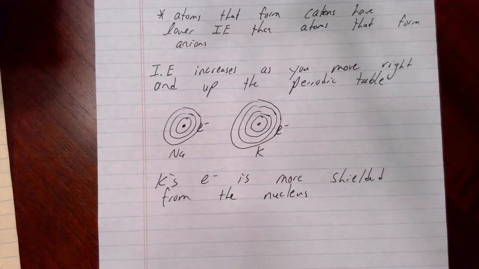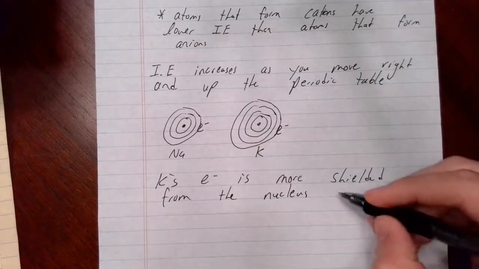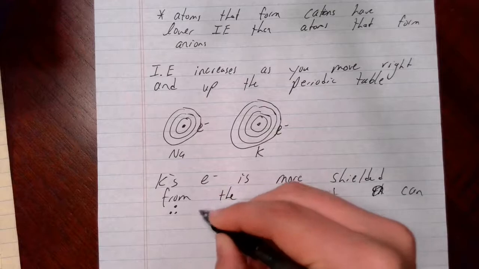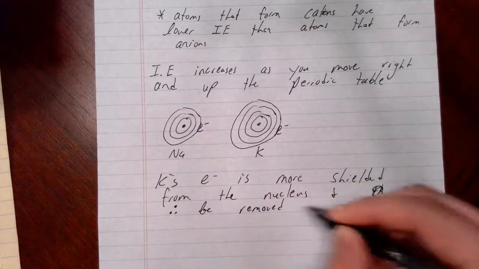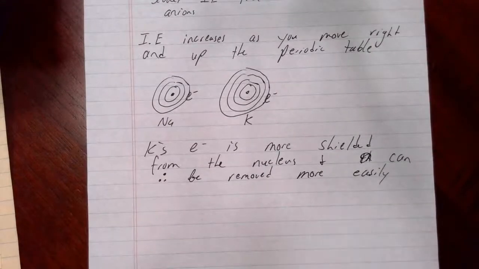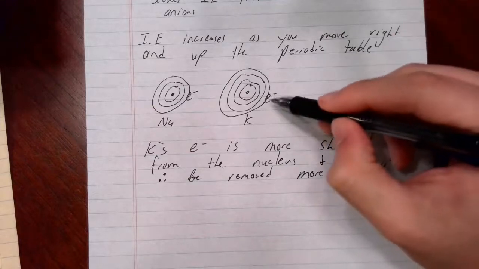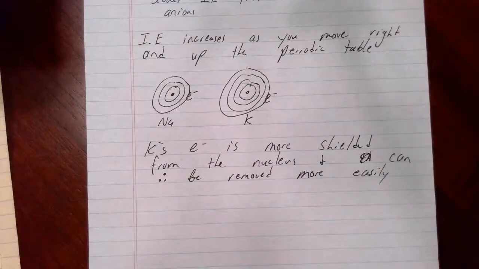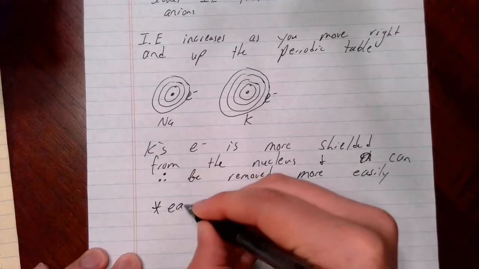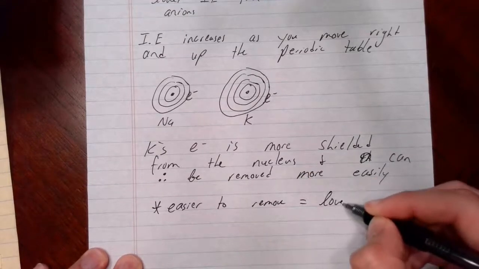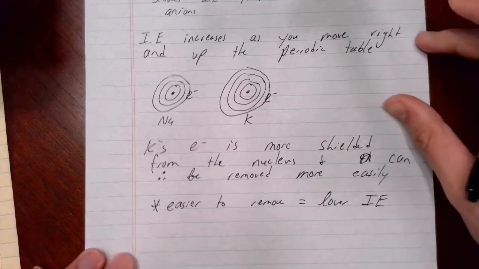So potassium's electron is more shielded from the nucleus and can therefore be removed more easily. Okay, so if it can be removed more easily, that means it requires less energy to remove it. So the farther an electron is away from the nucleus, the more shielded it is, the easier it is to remove it. Okay, so we can say easier to remove equals lower ionization energy.